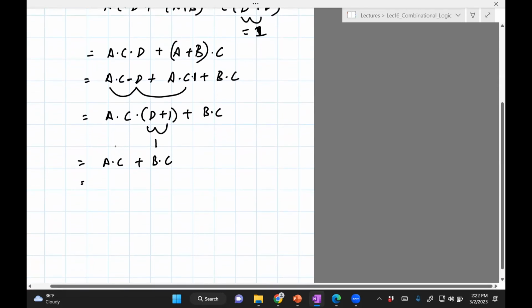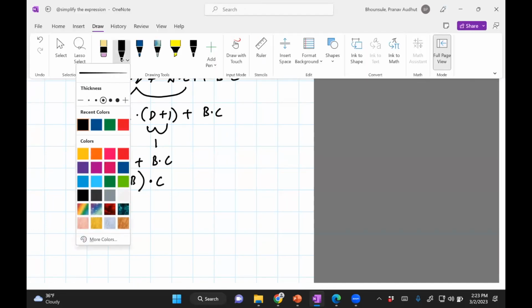I think the last step I can do is A plus B dot C if needed. I don't think I can simplify further than this.